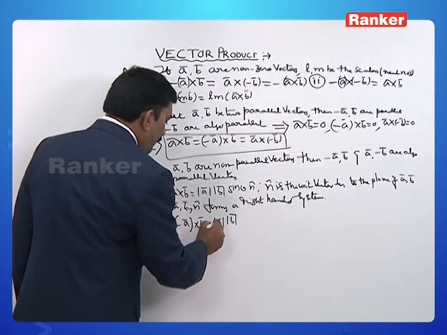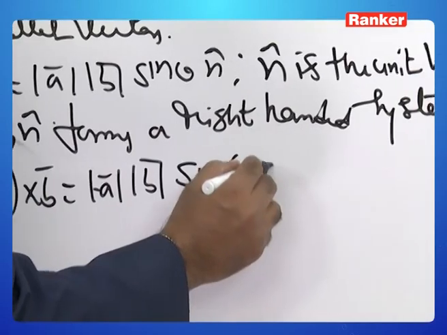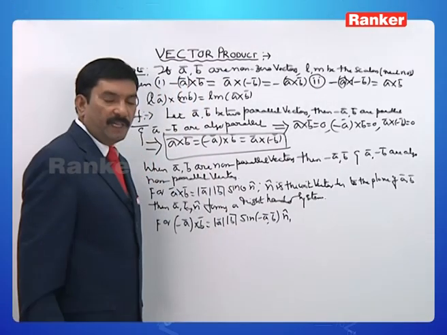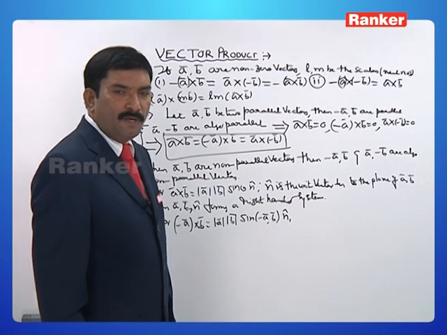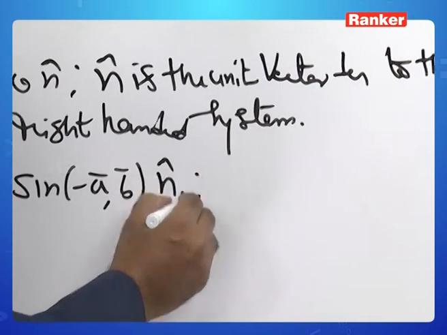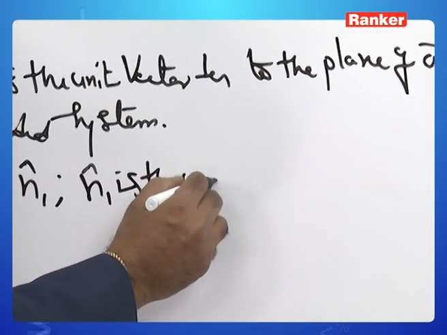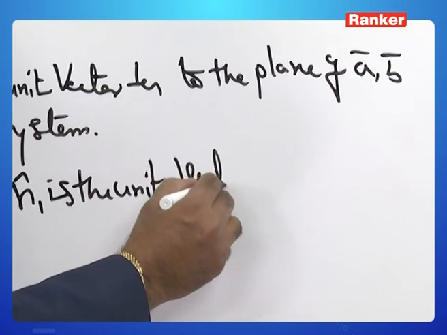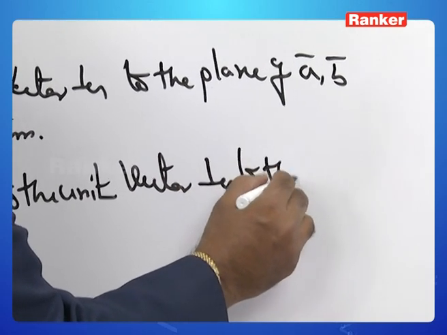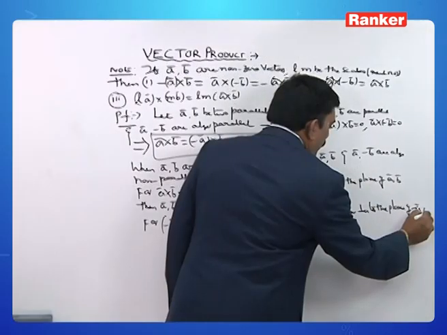B, the sine of the angle between minus A bar and B bar, into n1 cap. So therefore, now I can write, where n1 cap is the unit vector perpendicular to the plane of minus A bar, B bar.